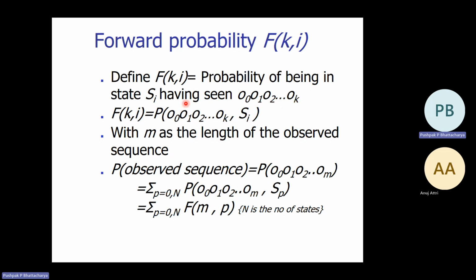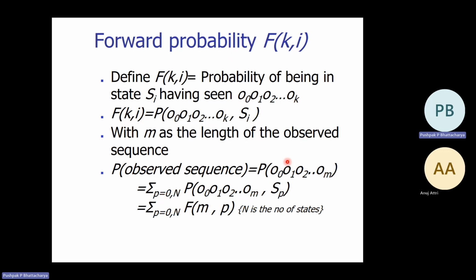So F(k, i) is the probability of being in state Si, having seen O0, O1, O2, up to Ok. It is the joint probability of the prefix of the observation and state Si, with M as the length of the observed sequence. So the probability of the observed sequence by this definition becomes probability of O0, O1 up to OM.